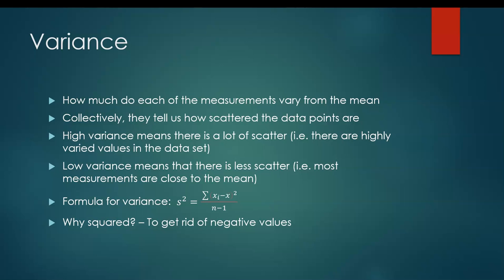So what we have to do instead is take the X sub i, which is all of the 100 instances of X, subtract the mean and square it, because when we square it, any negative value is going to turn into a positive squared value. That's how we get rid of the negatives. Okay? So we sum up all of the squared values of x sub i minus the mean, and we divide, instead of by n this time, by n minus 1.